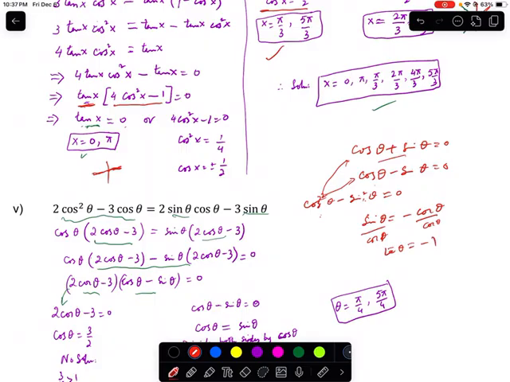And that will happen at negative pi over 4, or if we are in the second quadrant, it will be 3 pi over 4. So theta will be 3 pi over 4, and then in the fourth quadrant it will be 5 pi over 4.